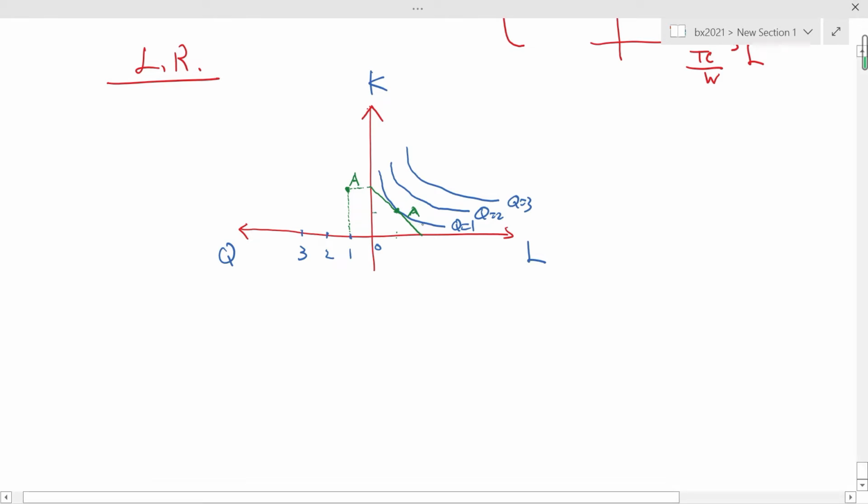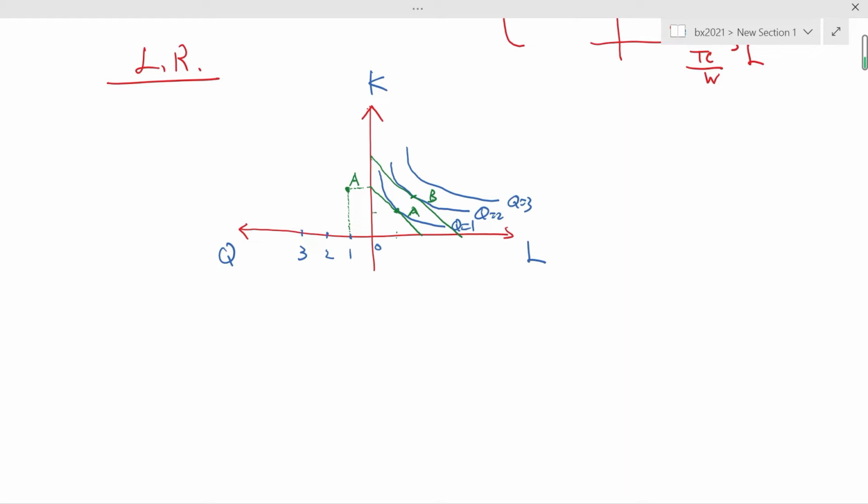I'm going to parallel shift this isocost curve out so that it is tangent with the 2-unit isoquant. That's point B. So in order to produce 2 units of output, the best I can do is choosing point B. That's the cheapest bundle. So the total cost associated with this bundle B is just the vertical intercept, due to our normalization of the rental price to be 1.